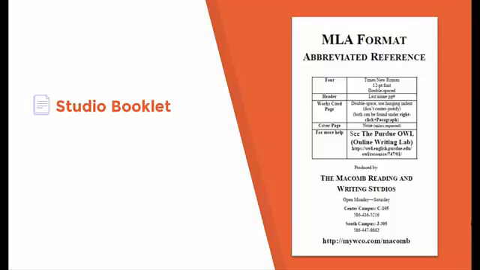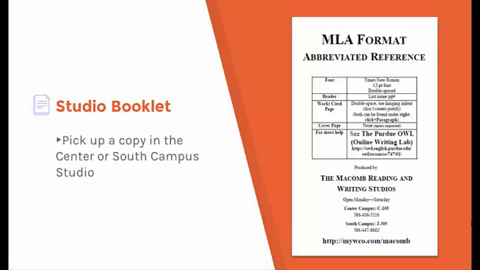We call it the abbreviated reference because it's just a quick guide that covers most of the types of sources students use, but not all. This is a great place to start, but doesn't contain every answer you'll need as you move forward. You can pick up a copy of our abbreviated reference in the Center or South Campus studio, or you can download a copy right here from our website.